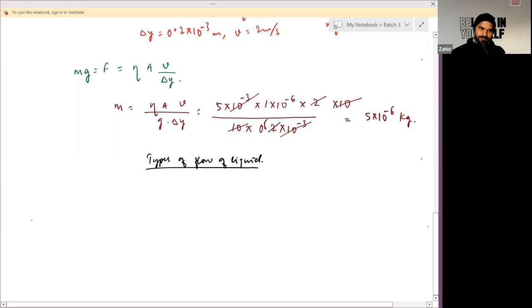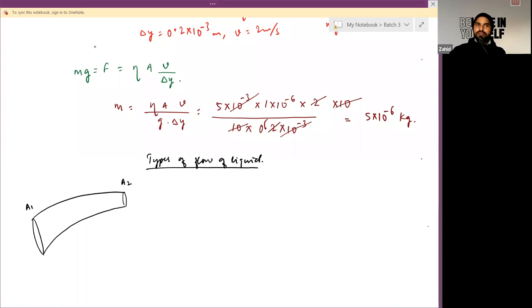Suppose you have a tube of variable cross section like this. The area of this end is A1. The area of cross section for this end is A2.